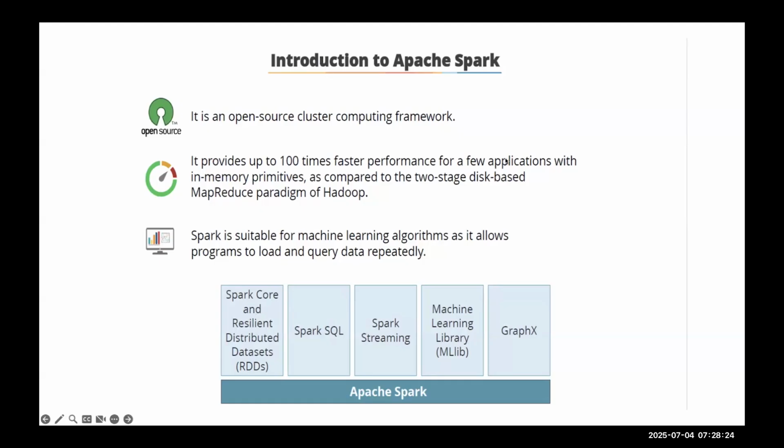Let's just talk about the replication factor. What is replication and why are we doing it? Replication is one of the fault tolerance ways, I would say. Let's suppose you have created one employee table.